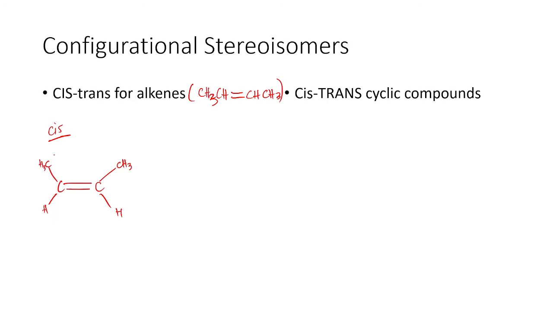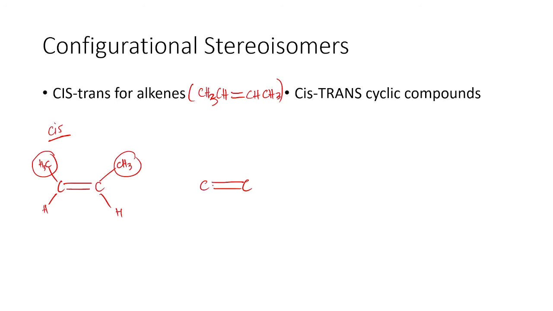By cis configuration, our substituents, or side chains, or other molecules or same molecules, actually have the same orientation. If we look here, both are on top. And for trans, this is what happens.